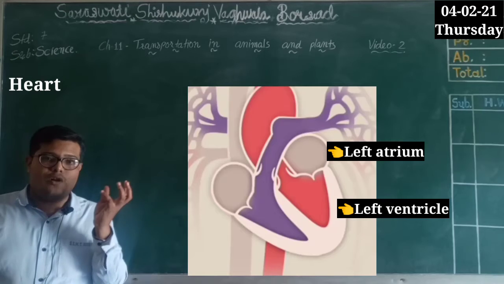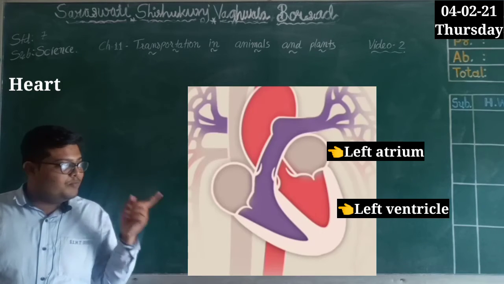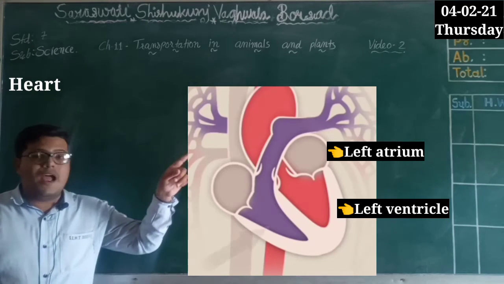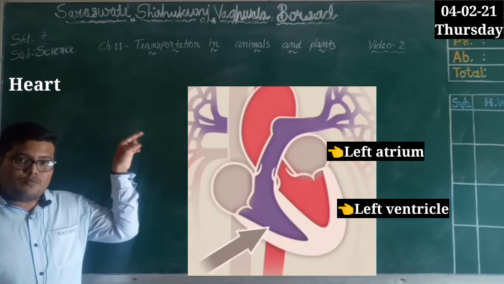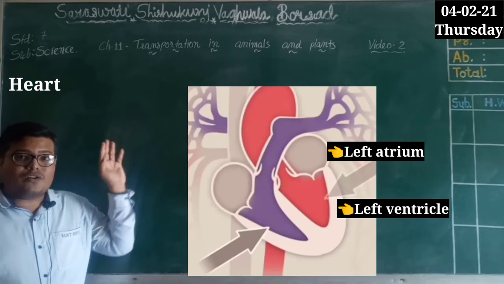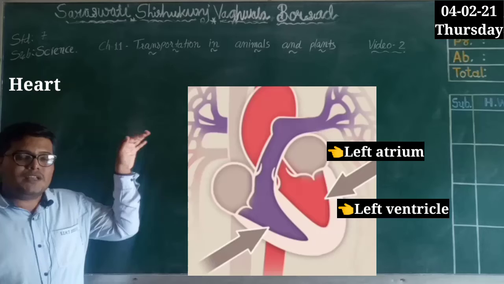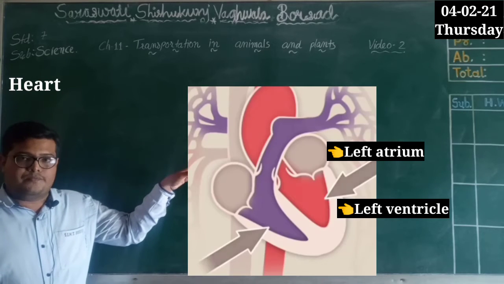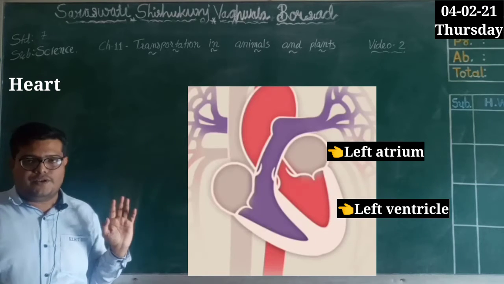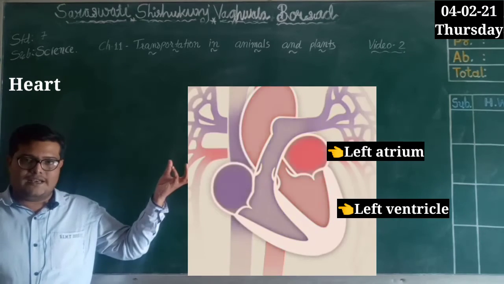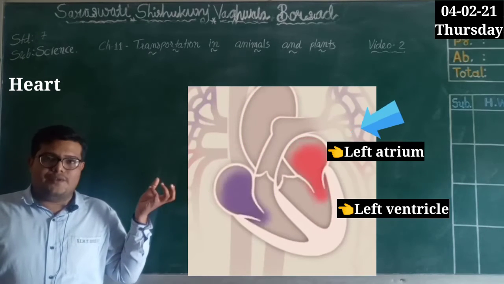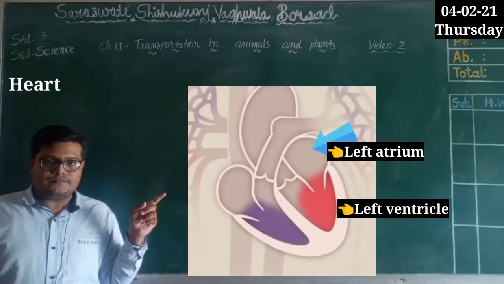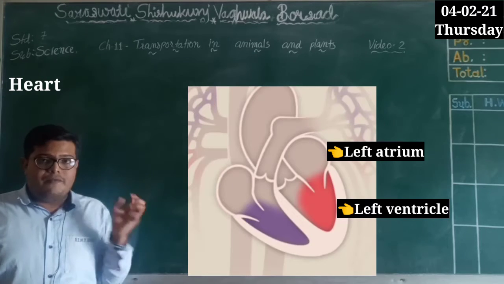When it contracts the first time, the blood in the ventricle goes outside, and the pulmonary vein will carry the oxygenated blood from the lungs into the atrium. The blood which is rich in oxygen is present in the left side atrium.